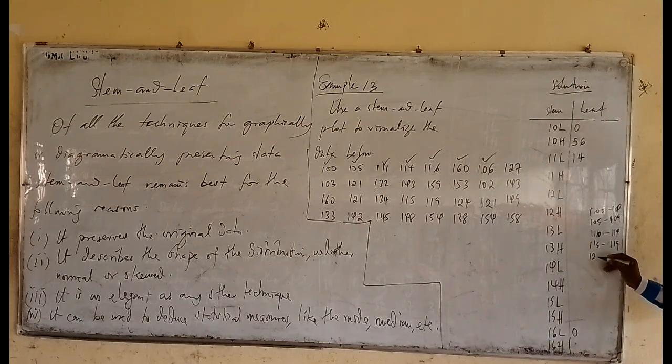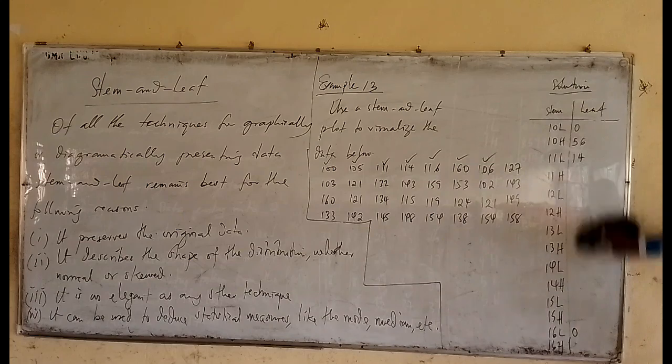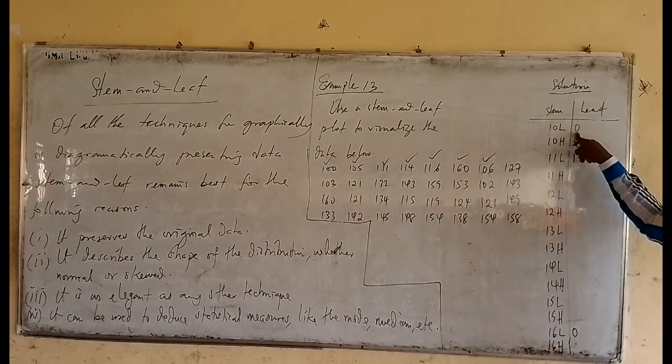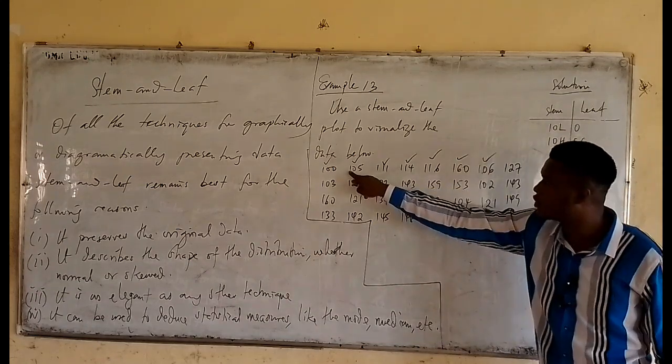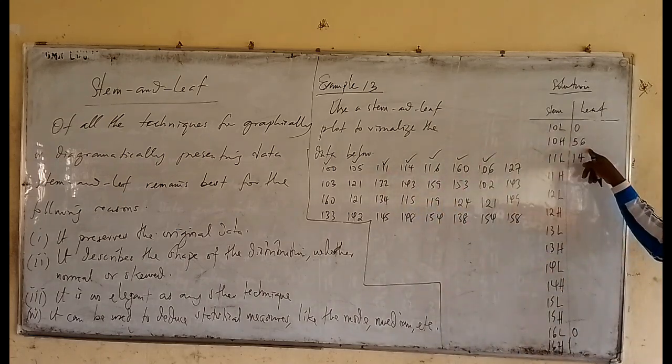Then when you now get into 120, 120 to 124 is a low. 125 to 129 is a high. So you take these first two digits and put under stem, and the remaining digits you put under leaf. Now, for the first one, we took the first two digits here, and the remaining one is 0. A low. This one, the first two digits, 10, but because 5 is greater than 4, it goes into a high.